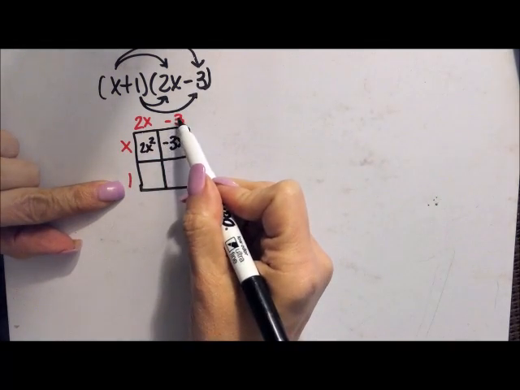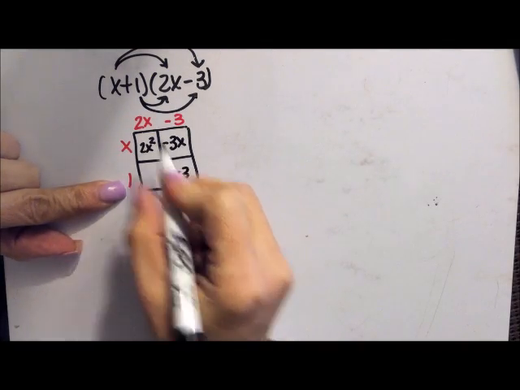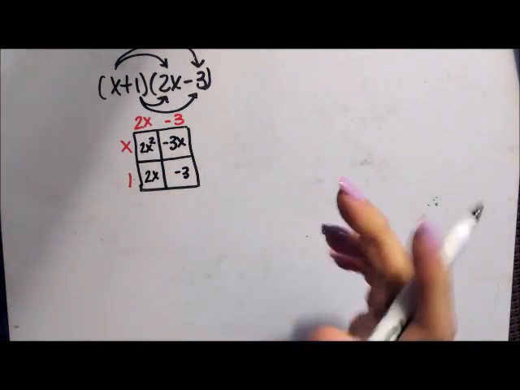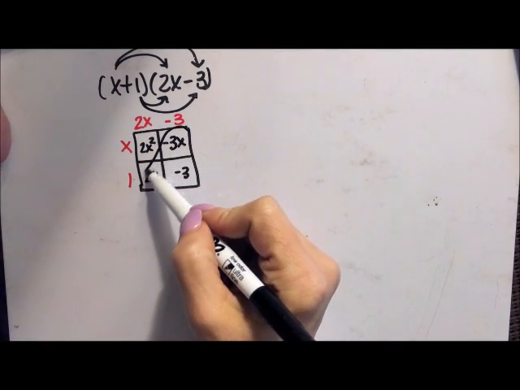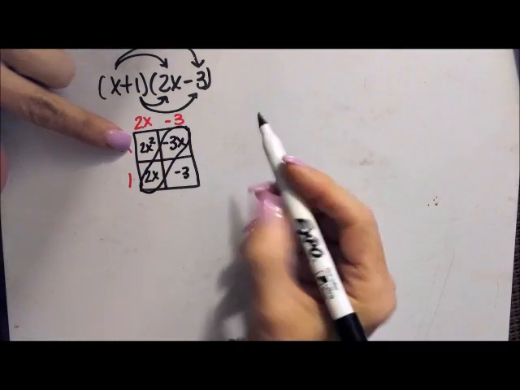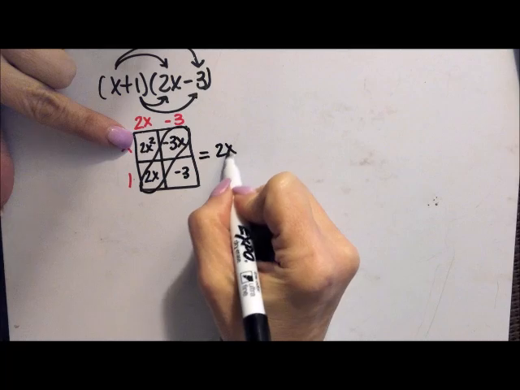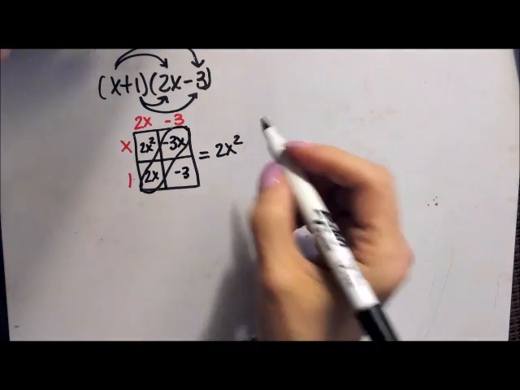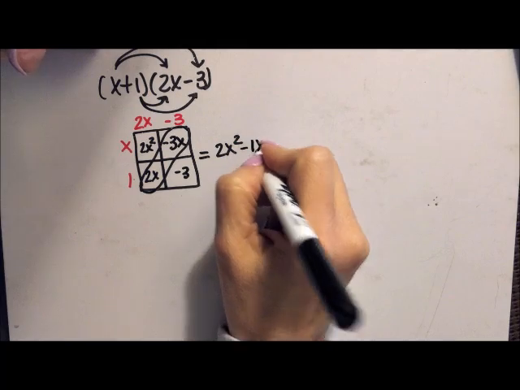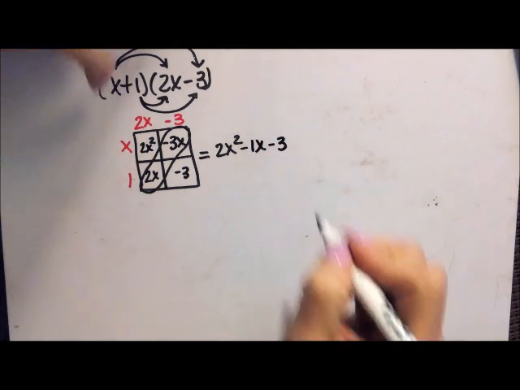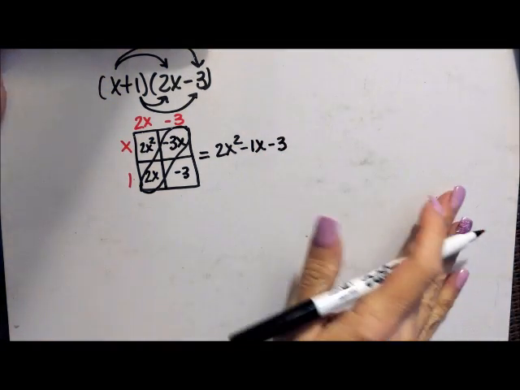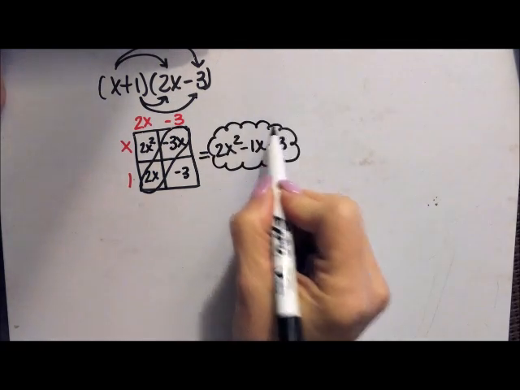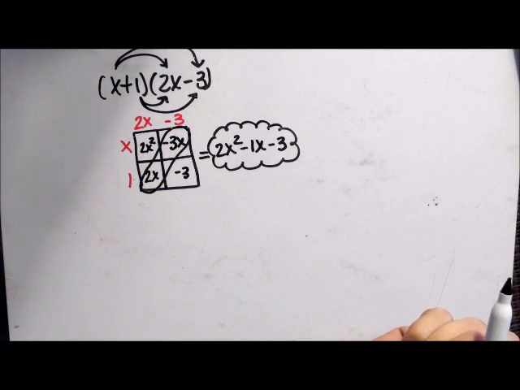And then 1 times -3 would be over here, and 2x times 1 gives me 2x. And then we said, okay, always on the diagonal, they added together. So this equals 2x squared, -3x and 2x, when I add those together, gives me -1x, minus 3. Factoring is when you start with this side and try to get back to what you started with.